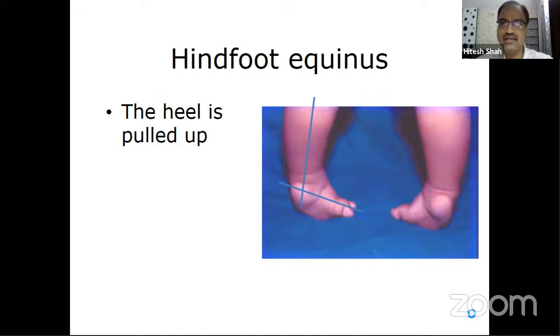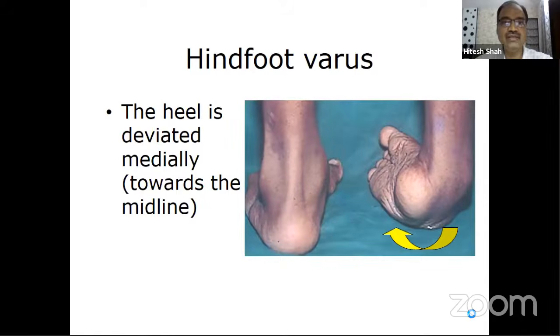It is better to identify such deformity along with the posterior crease and the empty heel sign in hindfoot equinus. The second deformity of the hindfoot is hindfoot varus, where the heel is deviated medially. If you see the normal side, the heel bisects the calcaneum, with a little valgus present on the normal side.